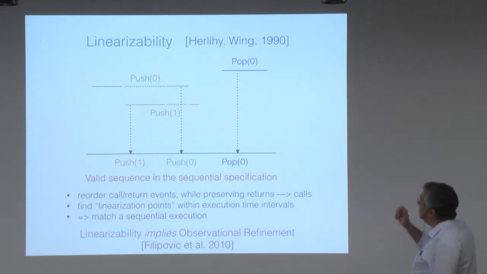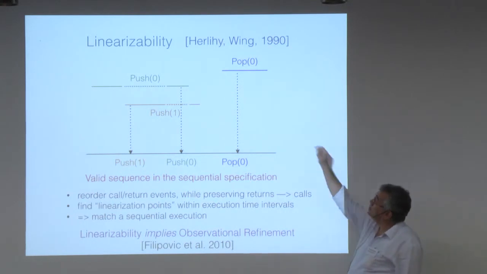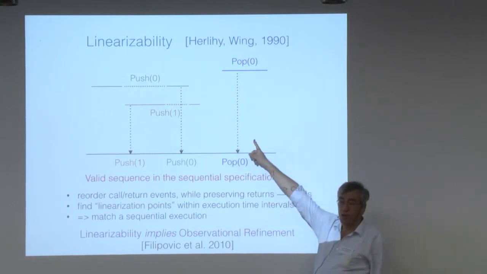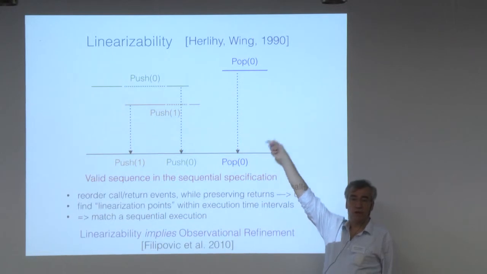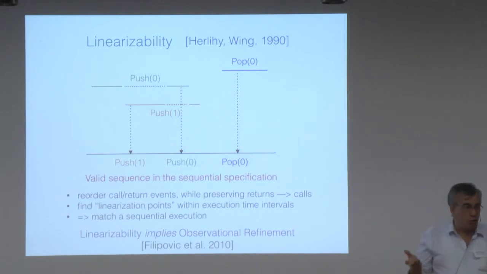This is a concept that has been introduced a long time ago already, and it says the following. If I take my execution of the implementation, where you see that operations are overlapping in time, I should be able to explain it using a sequential computation. How should I do that?